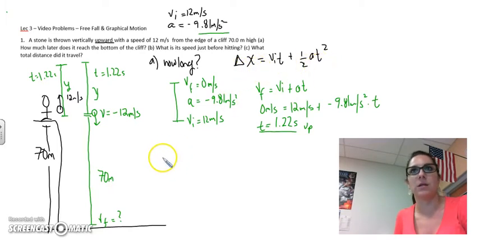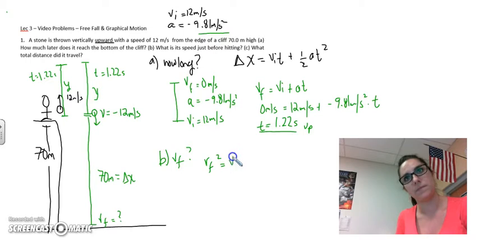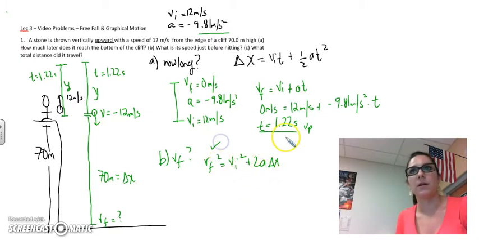So I'm going to take a shift over to B to get part A. So what I mean by that is I'm going to find VF first, because I actually have all the information to do that. So I have the delta x, and I have a. So if you notice this equation right here, I can solve for VF, and then I'm going to use this equation to solve for time later.